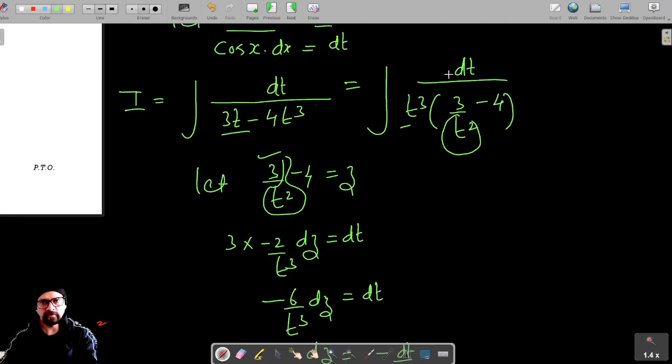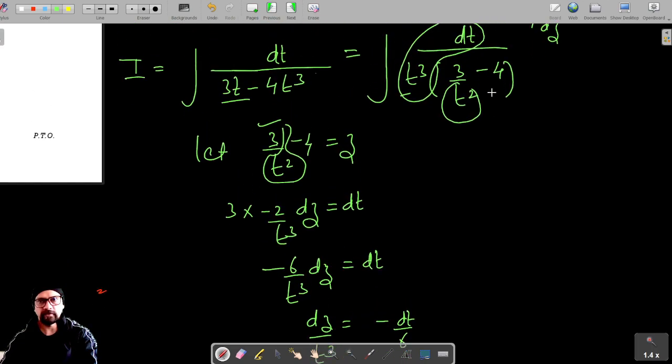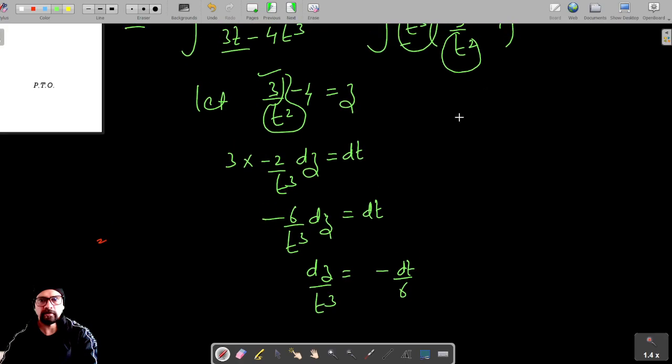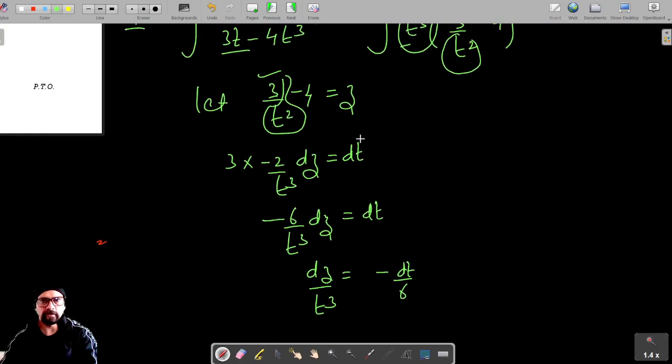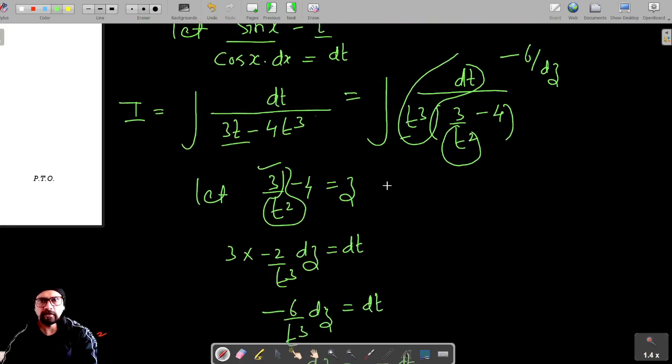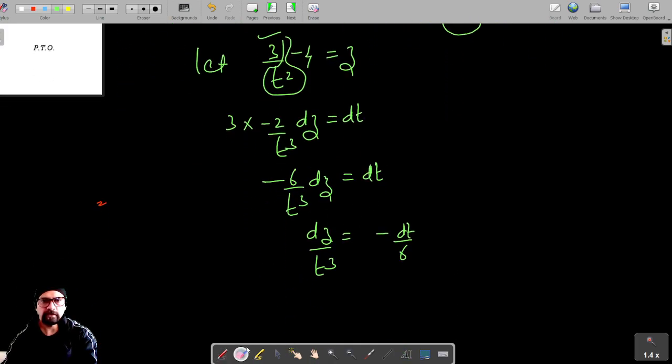Let's make the substitution. So this dt upon t cube is minus 6. Look at this, we have differentiated this with respect to t.